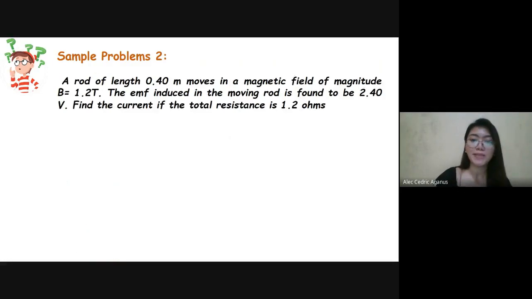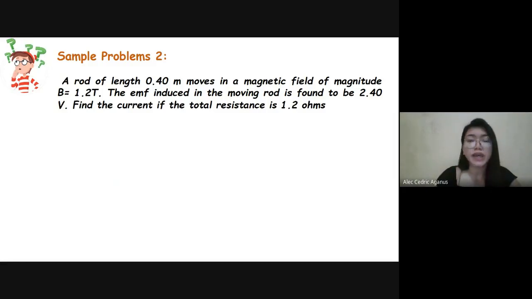Next, a rod of length 0.40 meter moves in a magnetic field of magnitude B equal to 1.2 T. The EMF induced in the moving rod is found to be 2.40 volts. Find the current if the total resistance is 1.2 ohms. In the problem given, we have the value of the magnetic field, but the magnetic field will be discussed soon.